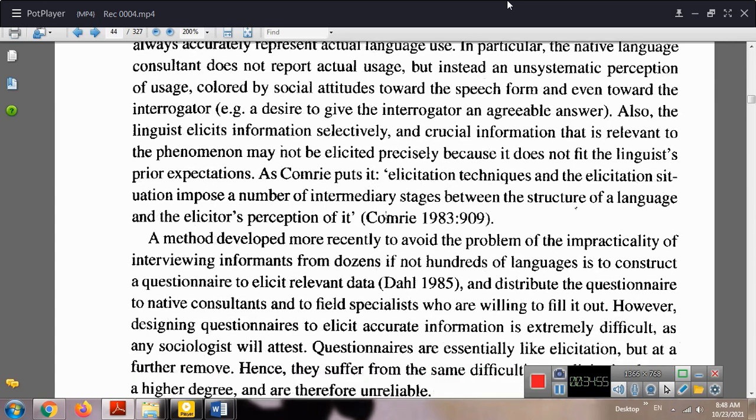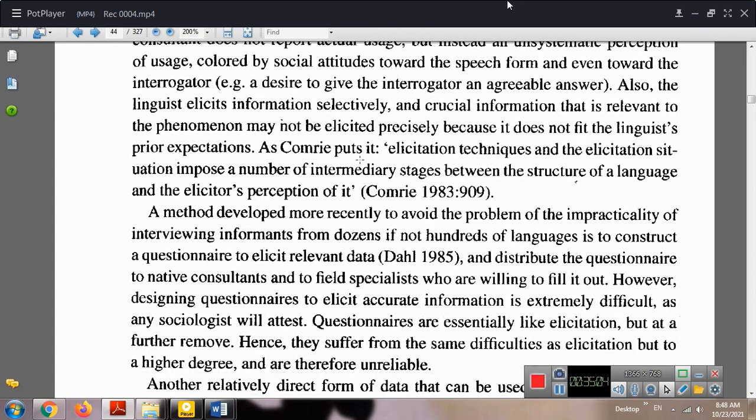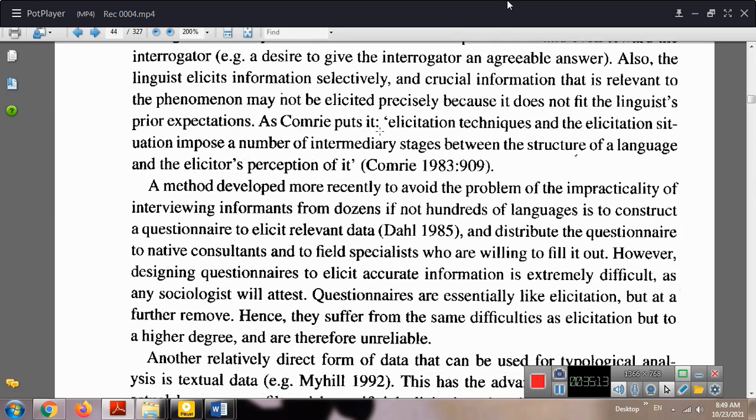Also, the linguist elicits information selectively, and crucial information that is relevant to the phenomenon may not be elicited precisely because it doesn't fit the linguist's prior expectations. As Comrie puts it, elicitation techniques and the elicitation situation impose a number of intermediary stages between the structure of a language and the elicitor's perception of it.